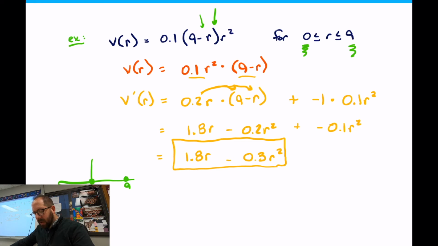It'd be up here somewhere. I don't even care where. It'd be positive. Even if I go up to 8 and plug in 8, that would be 9 minus 8, still a positive number, and 8 squared is a positive number. All three numbers are positive, so the answer would be positive even if I plugged in 8. So what's probably happening is there's a hilltop, because it's coming back down to 0 at some point.